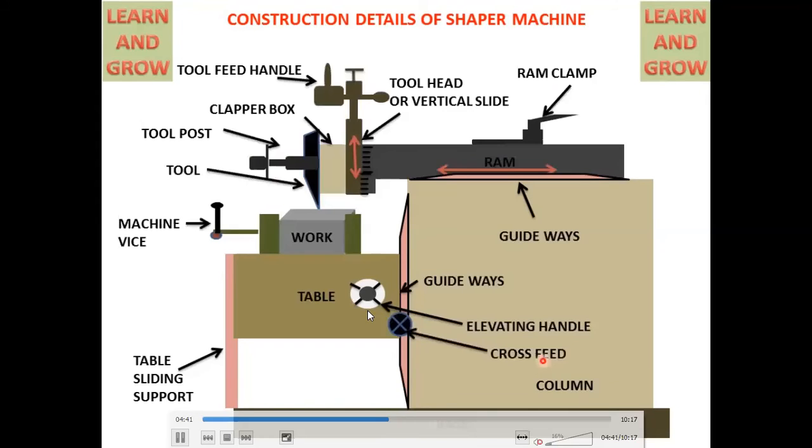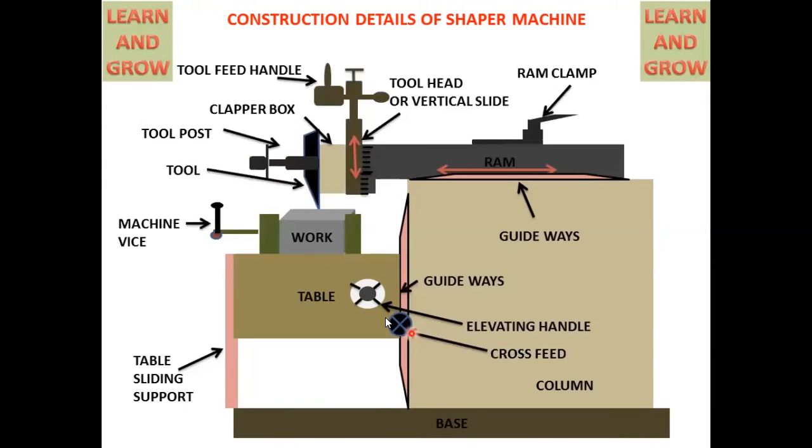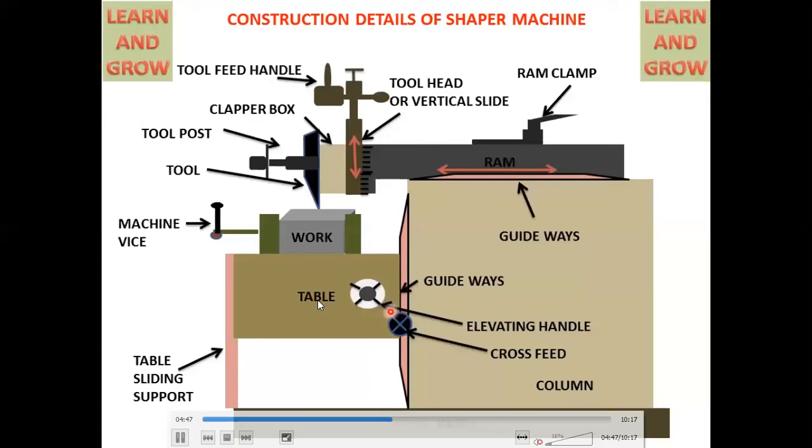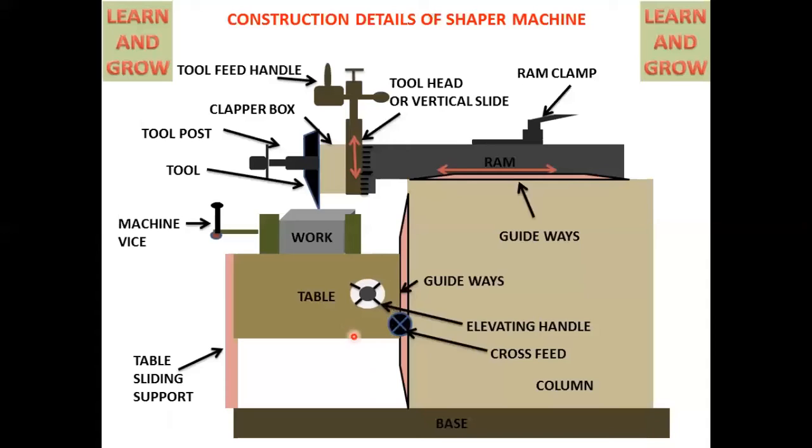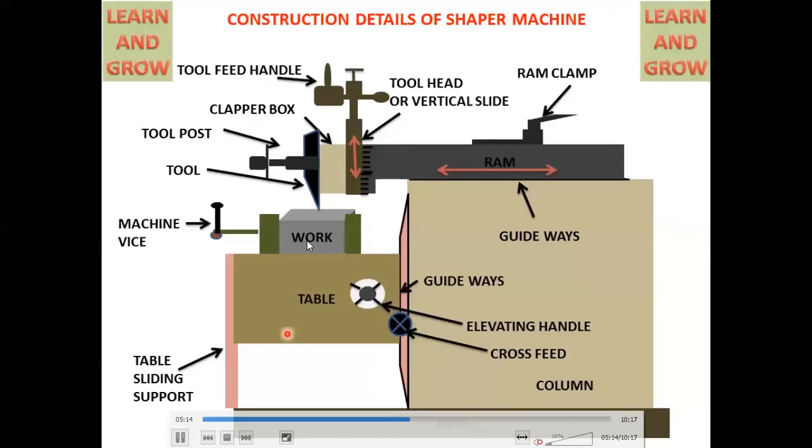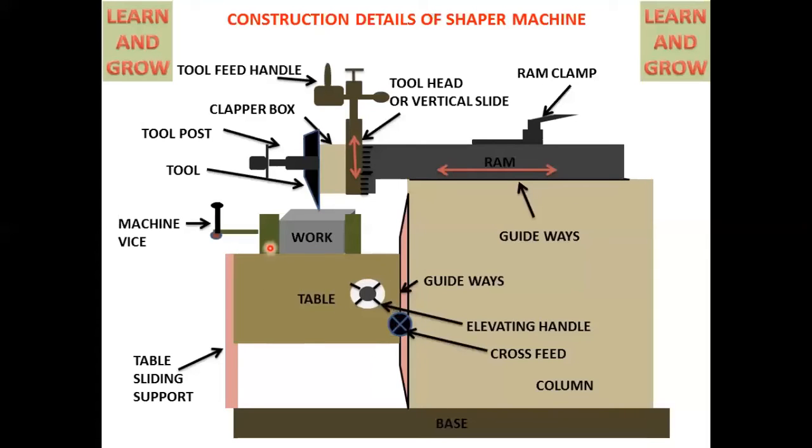Another is the cross feed handle. This cross feed handle is attached to the table, and the table can move along the horizontal axis, and the feed will be provided to the workpiece. That means the table moves each and every time so that the workpiece moves for the feeding.